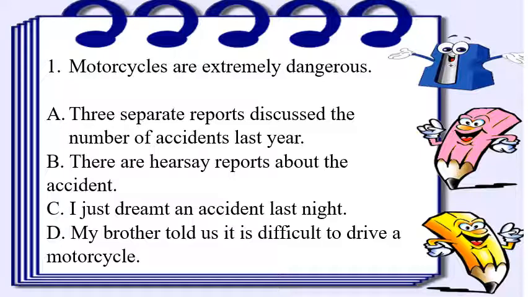C, I just dreamed of an accident last night. D, my brothers told us it is difficult to drive a motorcycle. What do you think is the claim of question number 1? If you answered letter A, three separate reports discussed the number of accidents last year, you are correct.